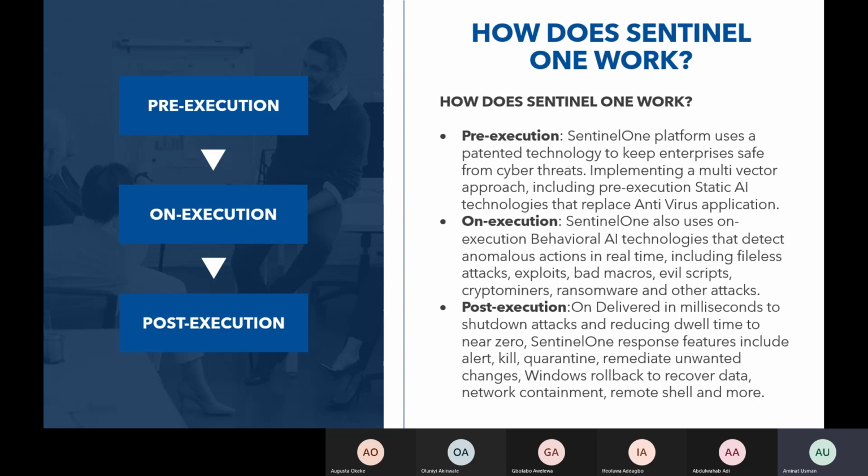So it will simply roll back to that last snapshot before that event even took place. So your system will be free of whatever happened. And everything happens in milliseconds, very fast, automated response, great, very effective.